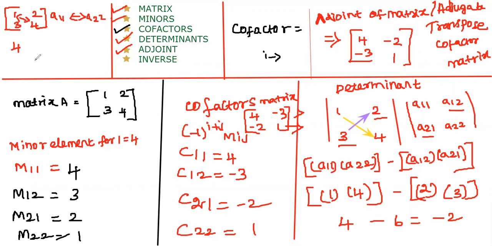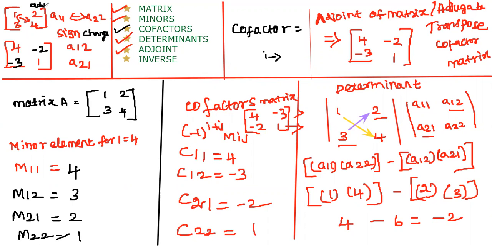So I'll put 4 over there and 1 over here. And just change the sign of A12 and A21. The positive will become negative, negative will become positive. Since A12 is positive, I can rewrite that as negative. This 3, which is A21, is also positive, so I'll change its sign, and that will turn into negative. So only these 2 steps I'll perform.